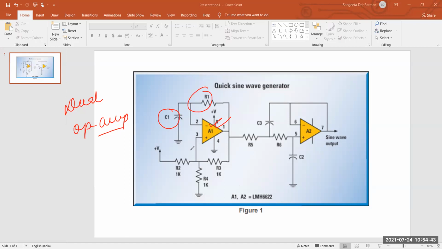Now you can see here two poles in the amplifier A2. What will happen before taking the output of A1? What is the input of A2? The output of A1 is the input of A2. So what do we need to do?